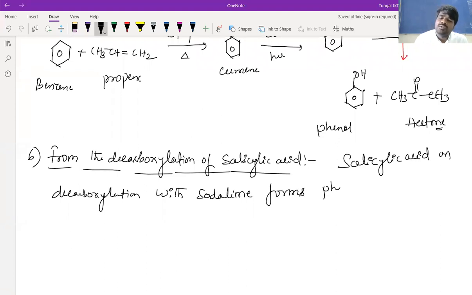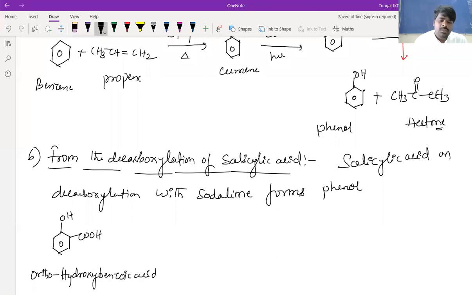This is your salicylic acid, hydroxybenzoic acid, or it is also commonly called by another name.